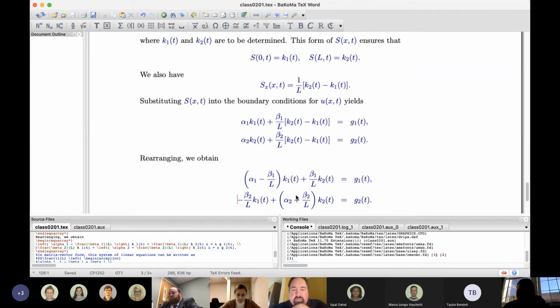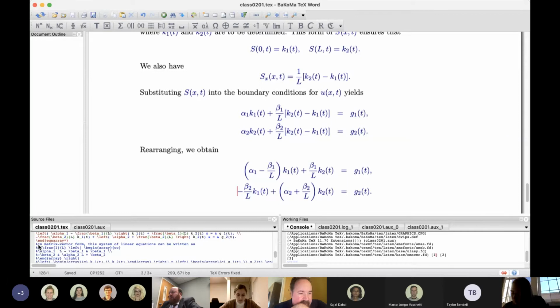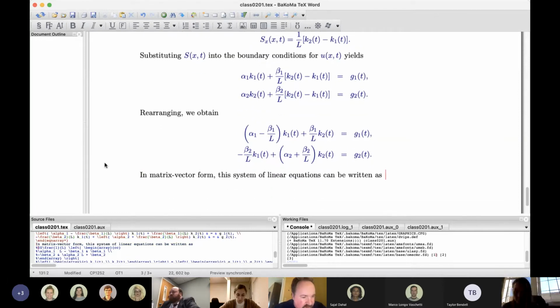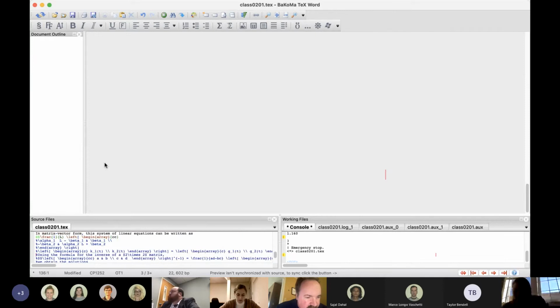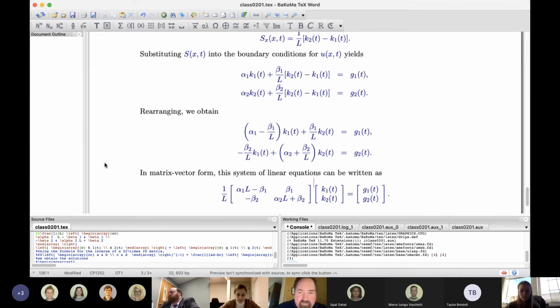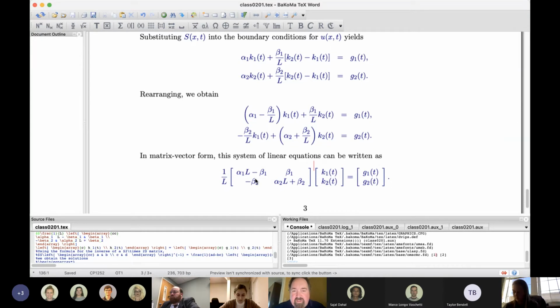The reason is that this allows me to rewrite the system in matrix-vector form. And that's what this looks like here. I factored out a 1 over L for convenience, just to make things less cluttered.